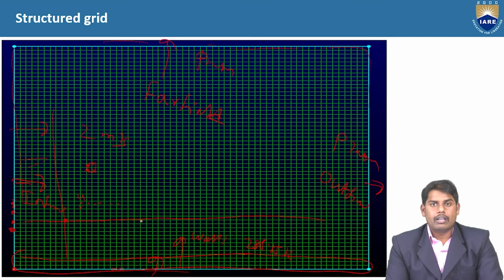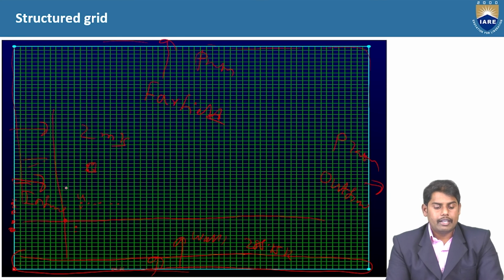If you want these flow parameters over this domain, you need to solve the governing equations at each and every grid point. This is how we solve a CFD problem using appropriate numerical techniques.